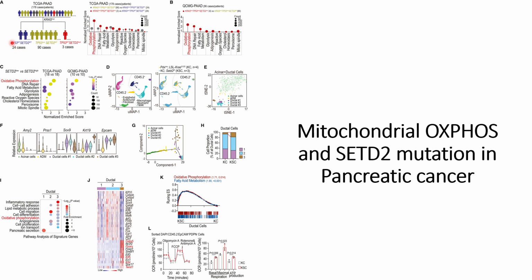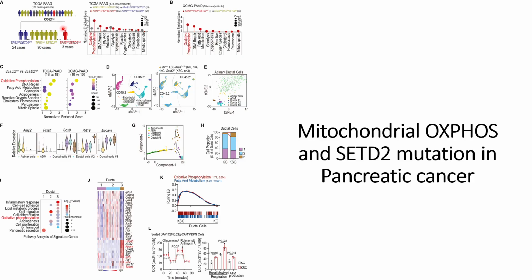To come to this conclusion, they compared the data for 178 patients, and around 24 cases have both TP53 wild type and SETD2 wild type, whereas 90 cases have TP53 mutations and SETD2 wild type, and 3 patients have TP53 wild type and SETD2 mutants. So it is not necessary that SETD2 mutations will also cause TP53 mutations.